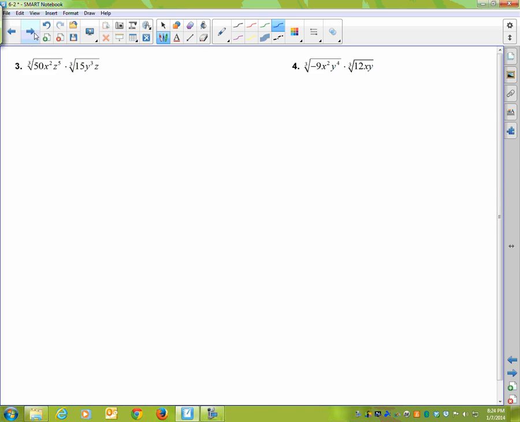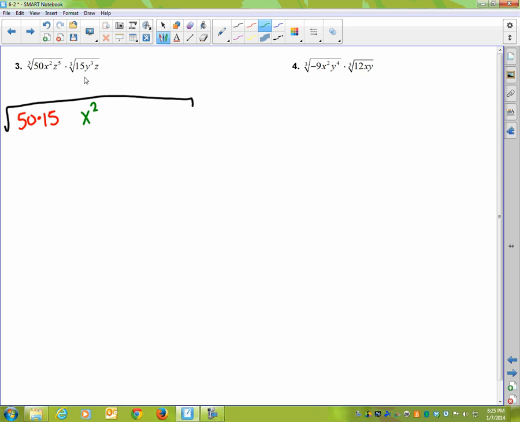Now let's try number 3 and number 4, where we're going to actually multiply 2 different terms. So like I said in the beginning, I always like to put them under one radical sign. So I'm going to bring my numbers together. 50 times 15. I'm going to bring my variables.